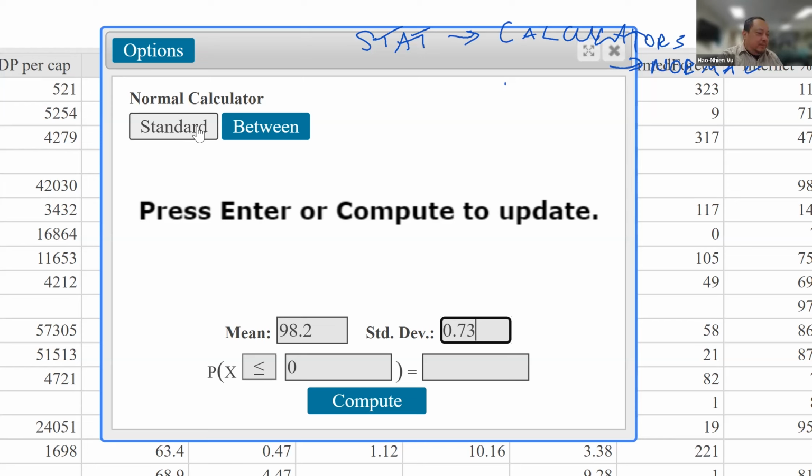By the way, up here, there's a thing that has two different buttons, standard and between. Right now, the default is standard. Now you want to change this into the symbol we want. We want the probability that the temperature, which is X, is greater than 102.